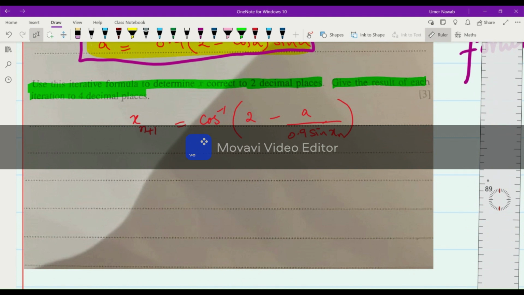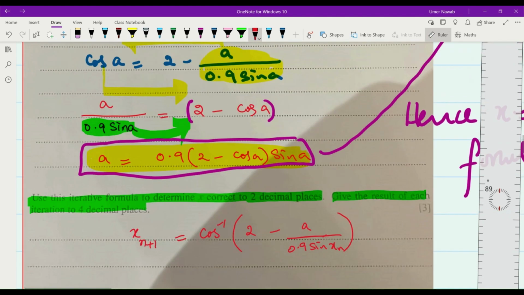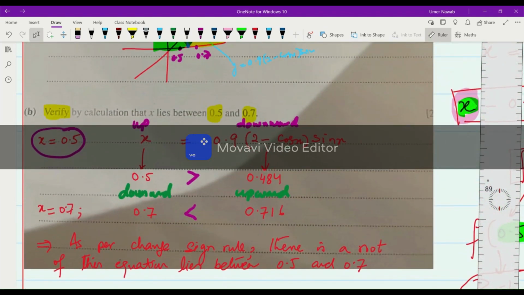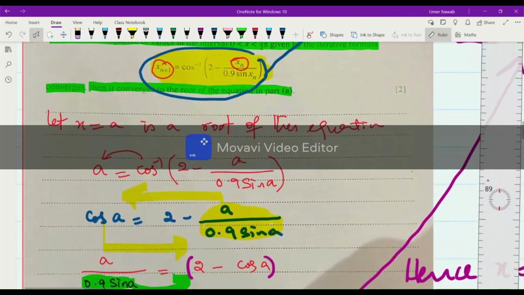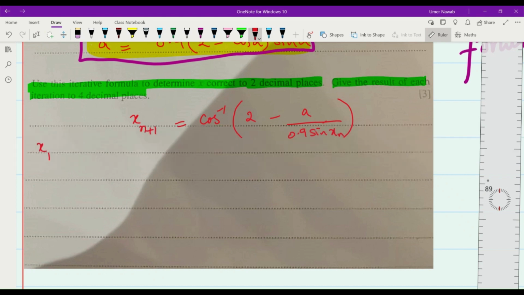To get the sequence of iterations, we need to give a starter. Don't you remember, we said that the root lies between 0.5 and 0.7. So you may assume your first value, from where you want to start to get the next iteration. So I'm using x1 equal to 0.5.